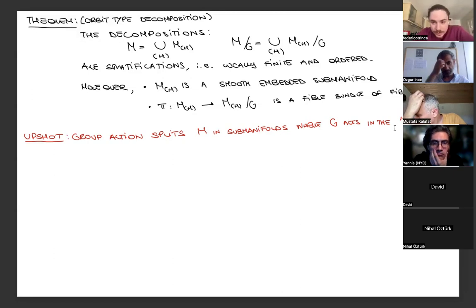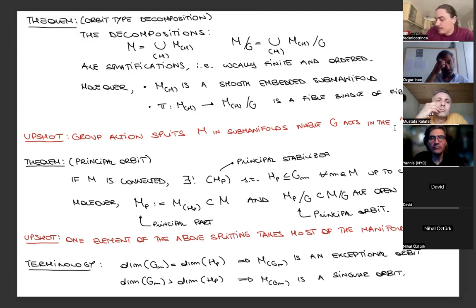The last theorem, and I'm going to be just 10 minutes over time, is the principal orbit type theorem, which says that there is one stratum that is more important than the others.